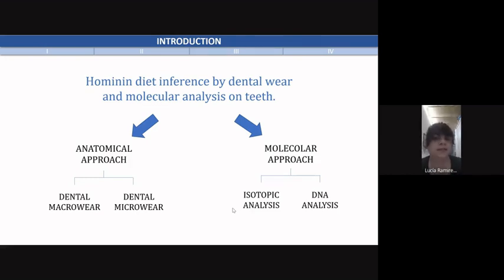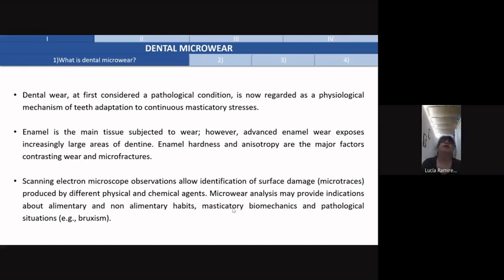Next slide. In this slide, we are going to know about what dental wear is and micro wear. At first, it was considered a pathological condition, and now it is regarded as a physiological mechanism to know the adaptation to the continuous masticatory stress.